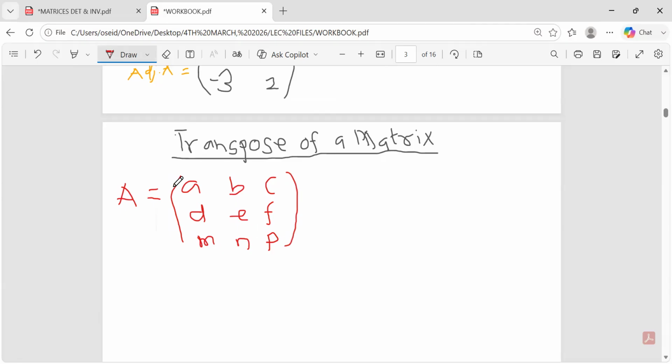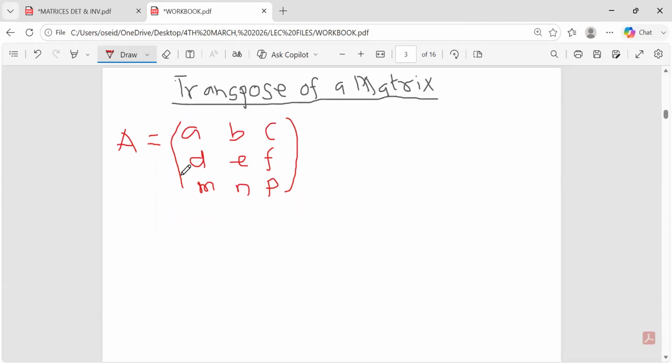These are the elements of matrix A, and we've been asked to transpose it.